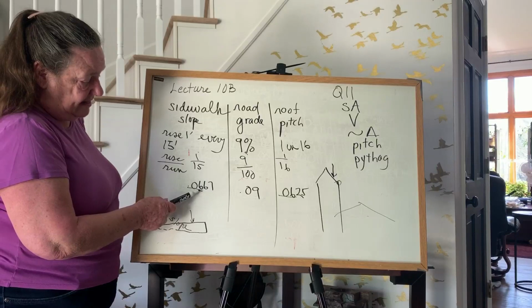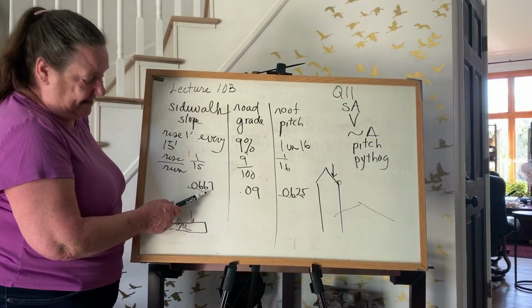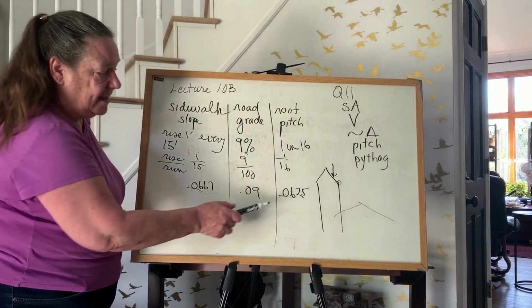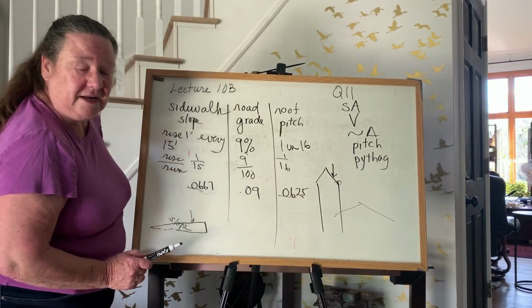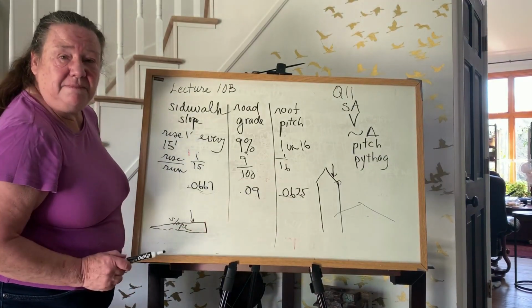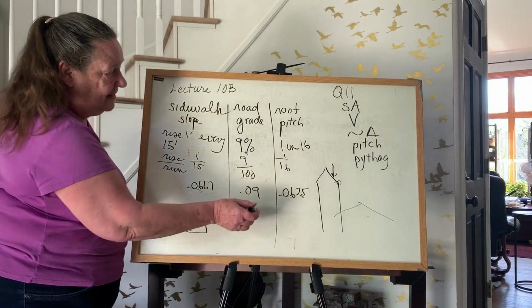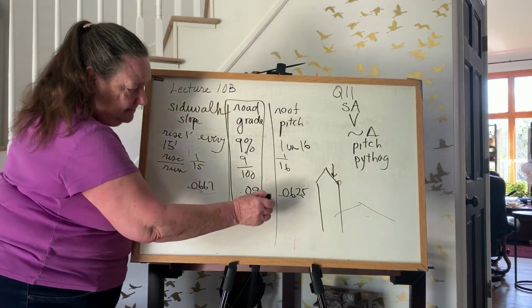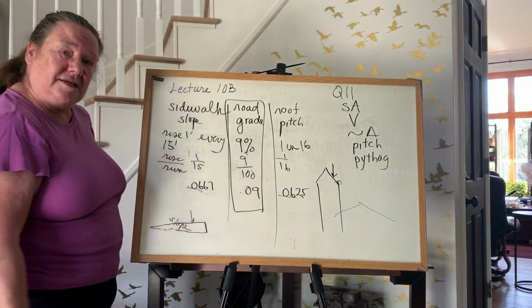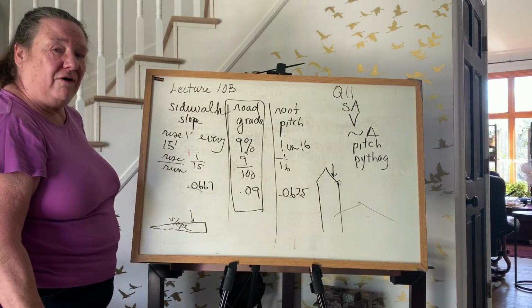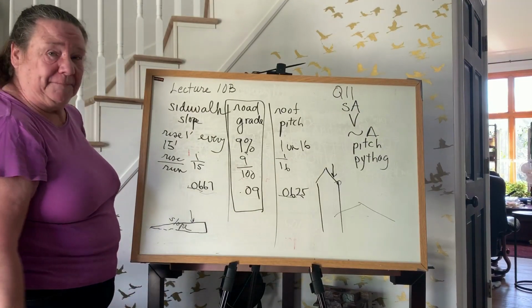This is like 6 2/3 cents. This is 6 1/4 pennies, and this is 9 pennies. Who's the biggest? This guy. This is the steepest of all the pitches.